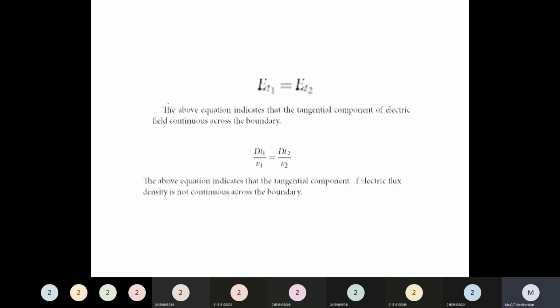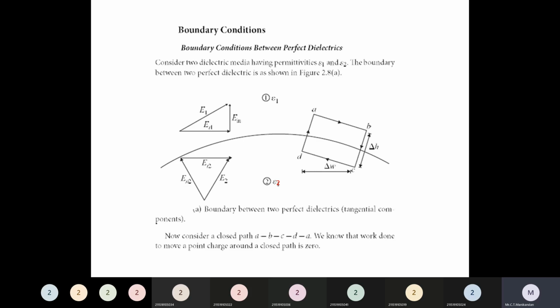So when you place one dielectric over another dielectric, the tangential component of the electric field is the same. Whatever tangential component of electric field you get on the first dielectric, its value will be the same for dielectric 2 also. That is what we call continuous.